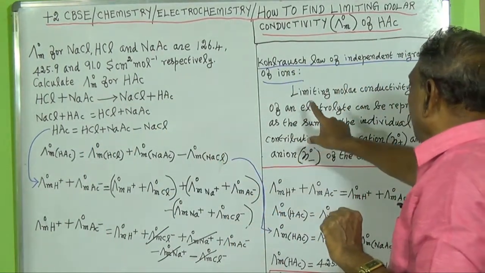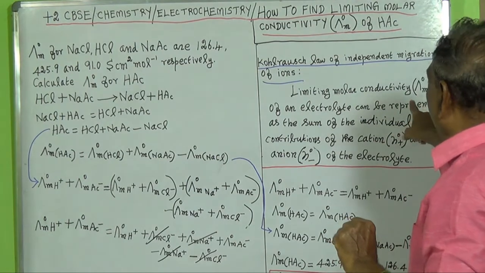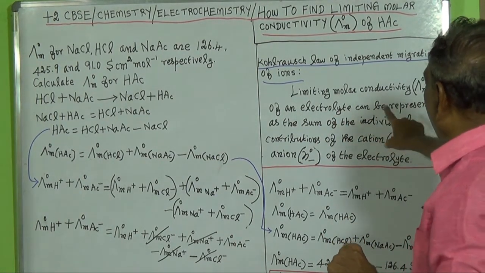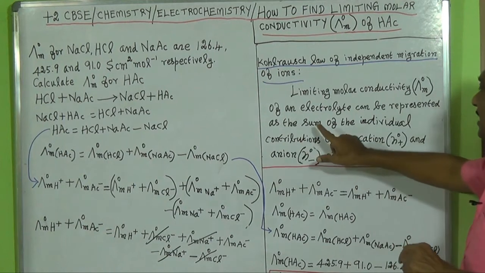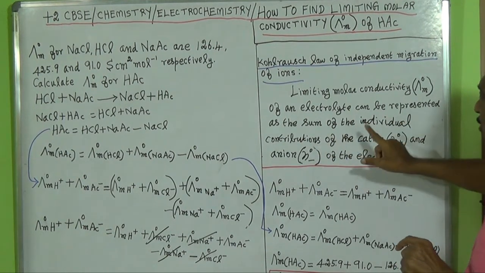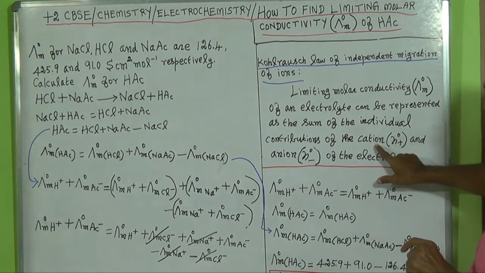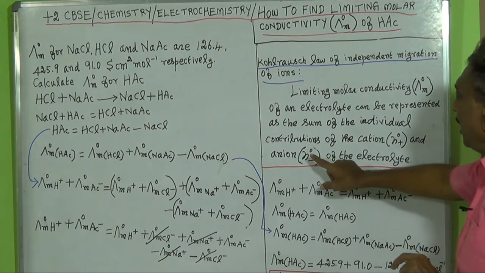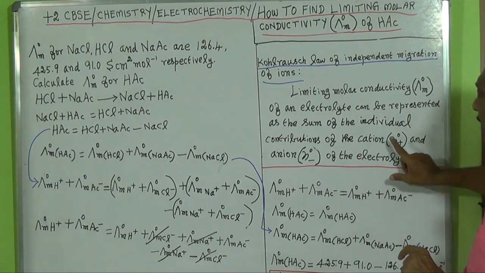That is, the limiting molar conductivity lambda m naught of an electrolyte can be represented as the sum of the individual contributions of the cation, lambda plus naught, and the anion, lambda minus naught, of the electrolyte.